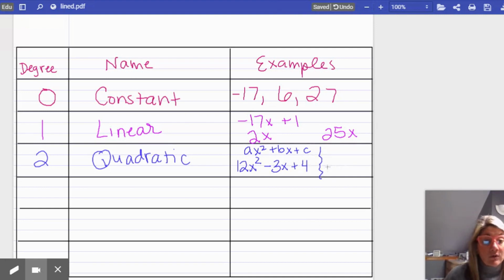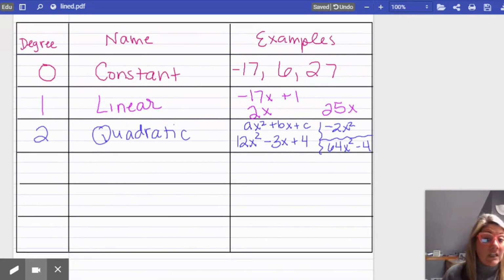Another example of a quadratic equation could simply be negative 2x squared. Another example could be 64x squared minus 4. In each of these cases, the largest exponent is a 2. That means the degree of the equation is 2, and it is a quadratic equation or expression.